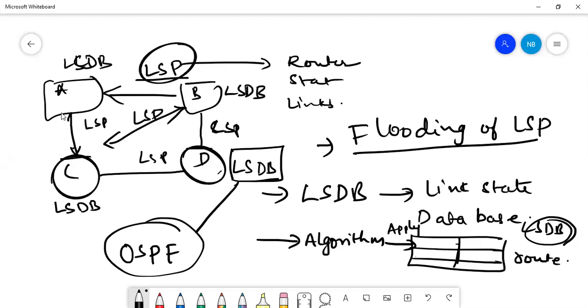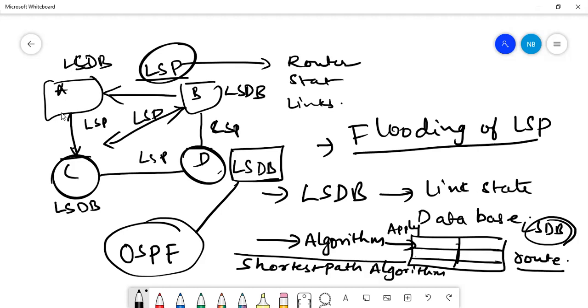So what sort of algorithm will be applied on the databases? The shortest path algorithm. When the shortest path algorithm is applied on the link state database, then only can we find the route.